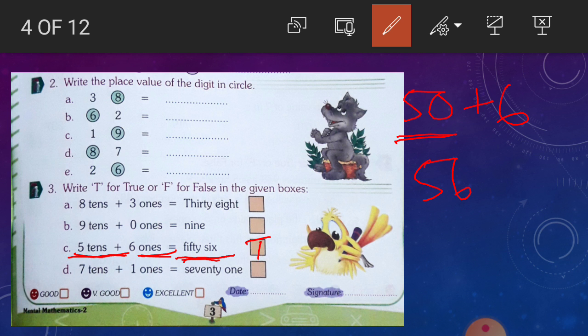Right here T. And number D. 7 tens. 70 and then 1, so 70 plus 1 is 71. Yes, this one is also true. So fill the given boxes in this way.